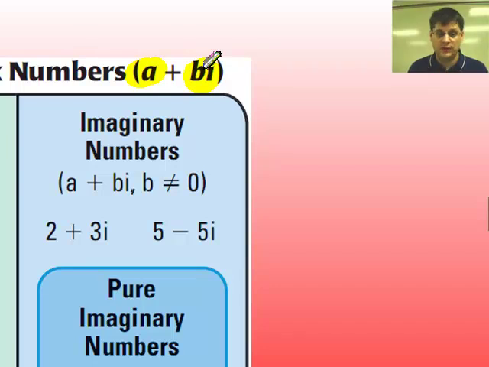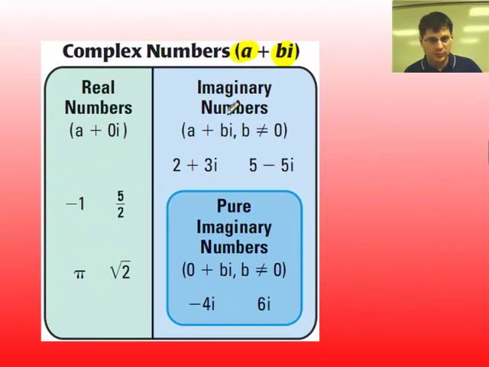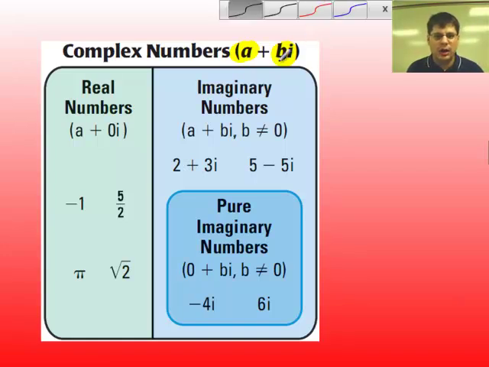So this is our world of numbers. And so if I have real numbers, we could argue they have an imaginary component. Not really, but that imaginary component is where our value of b, our coefficient in front of i, is 0.